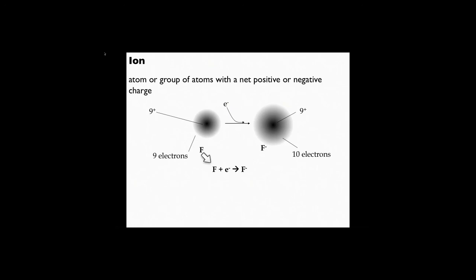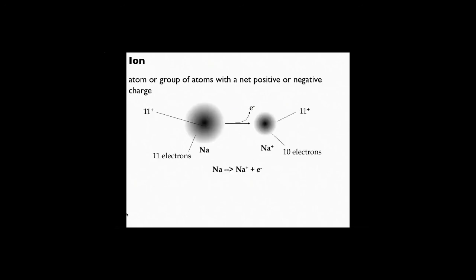We can represent that as fluorine plus an electron to make the fluorine ion F-. You'll also notice that when we added our electron to the atom, the size became larger. So whenever you add electrons to make negatively charged ions, you should see an increase in the size of the ion. Compared to our sodium example, in which sodium, the atom has more electrons, we remove an electron and the ion shrinks in size due to the fewer number of electrons now that it contains.